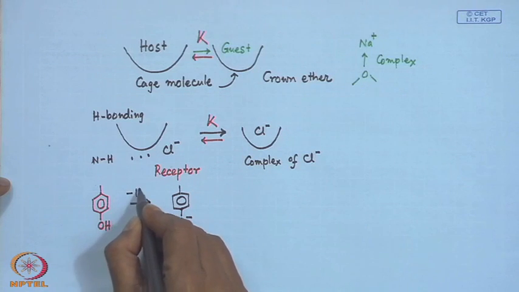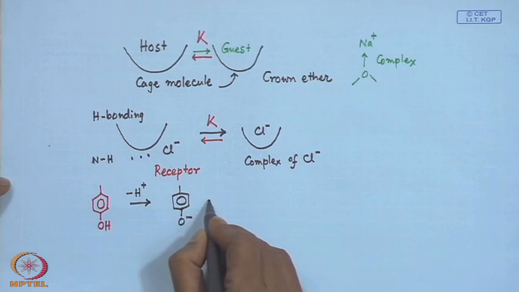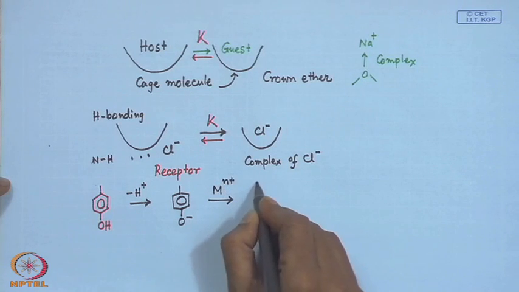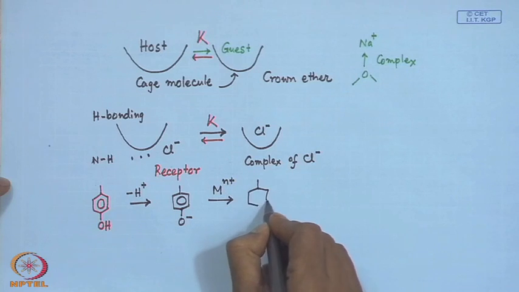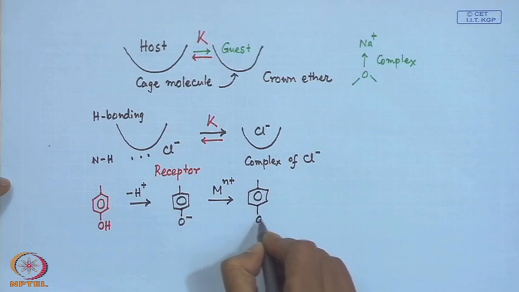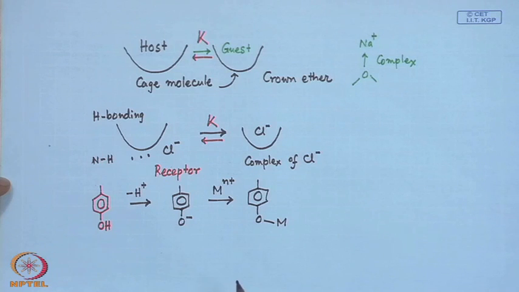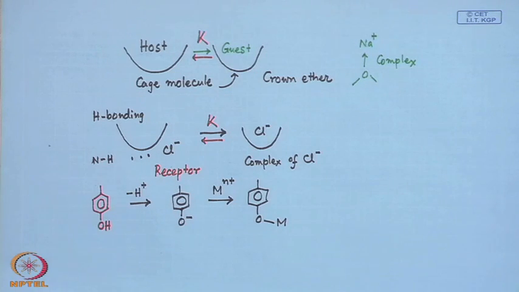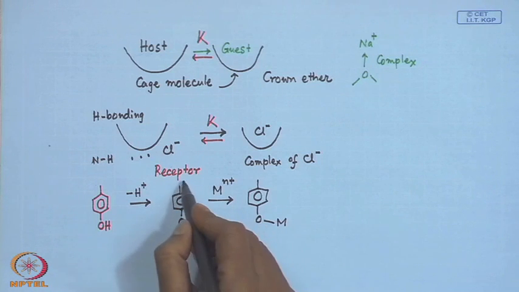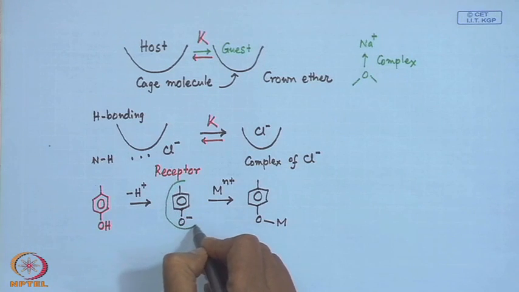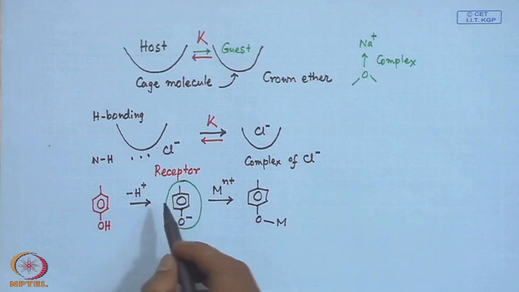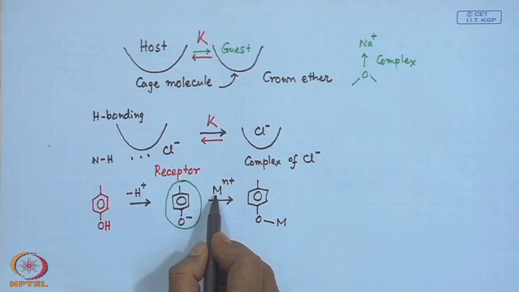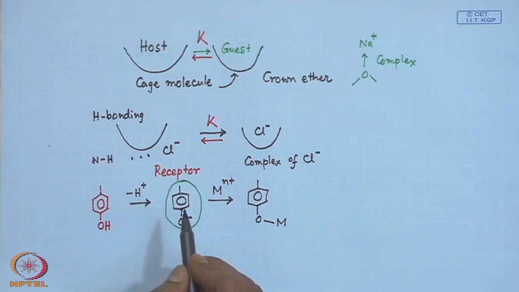So, after removal of H+, it gives the anion, which then binds the metal ion center in this form. This species at the central part, the phenoxide ion, will have a competitive tendency to bind M n+ or H+.